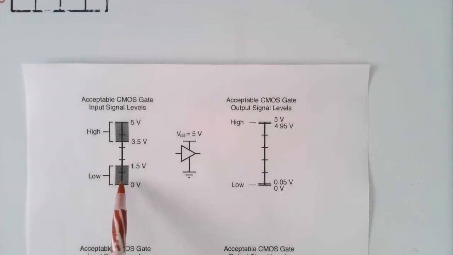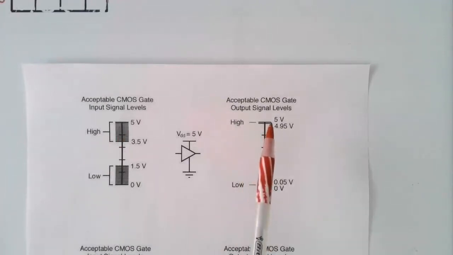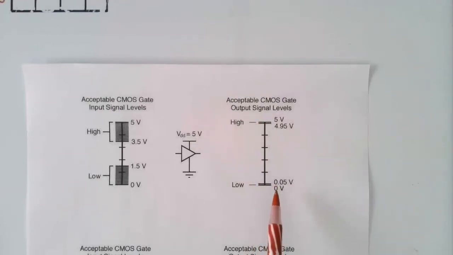The low is a little bit higher, but the high is similar. But look at the output levels. This is what's amazing. The output level is almost 5 volts, 4.95 volts. And the low level is from 0 to 0.05 volts. So you have a much greater difference between these, and that changes our noise immunity considerably.